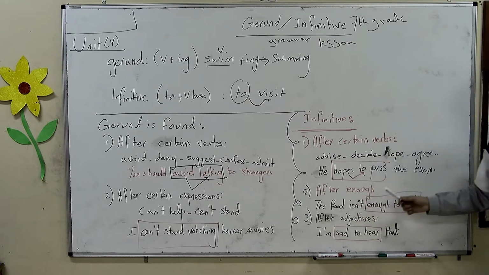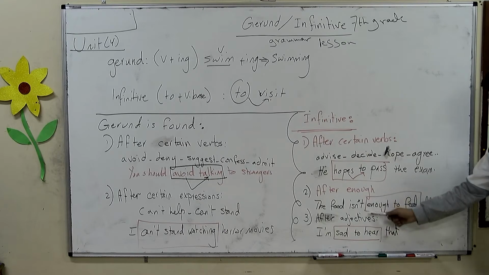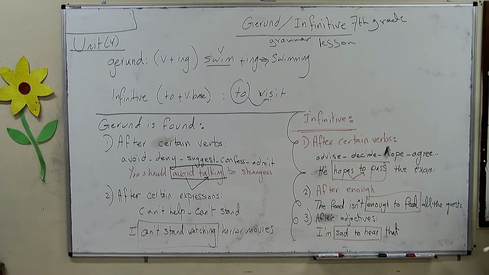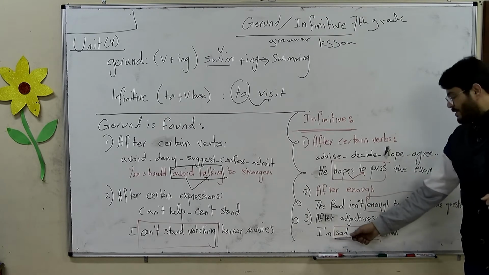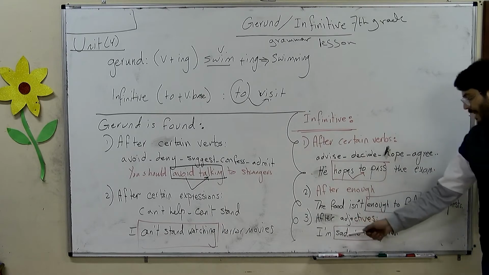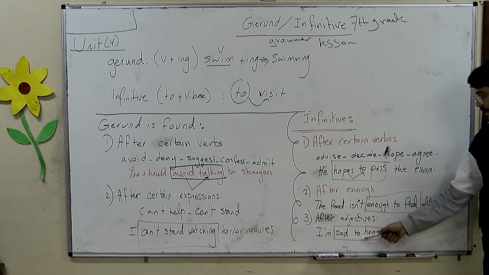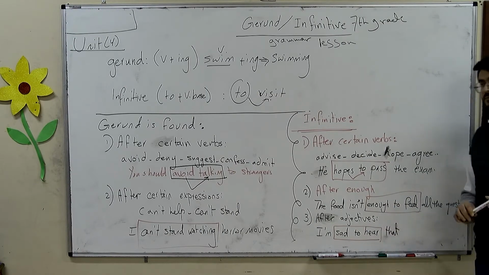The third point is after adjectives, which is I am sad to hear that. The adjective is followed by the infinitive, which is to plus the base form of the verb.